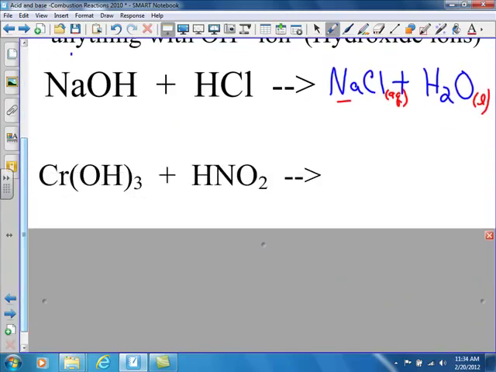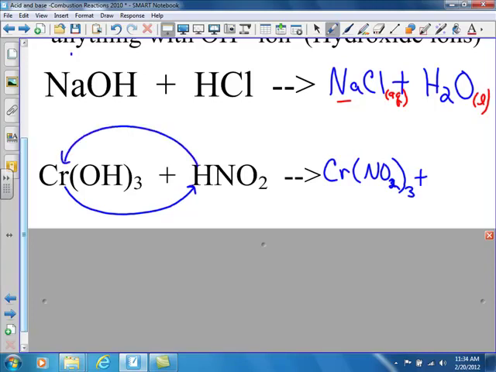I have chromium hydroxide, chromium 3 hydroxide to be exact, plus nitrous acid. And again, it's a double replacement. Chromium kicks out the hydrogen. Okay, and so I get Cr(NO2)3.